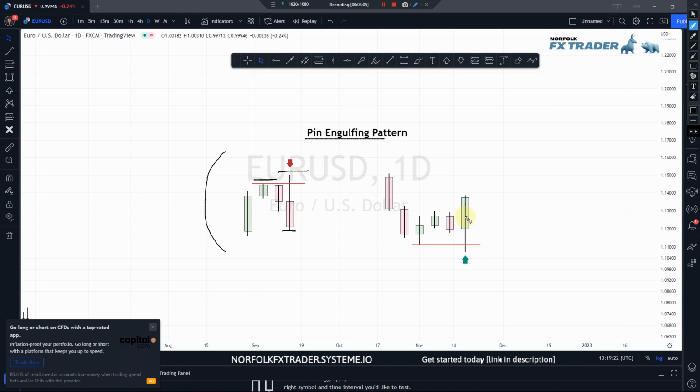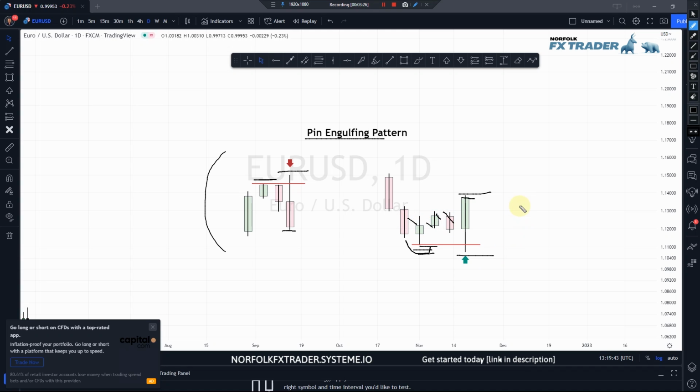Now the same is true when we're looking for that buy. We're looking for that swing to form in the market. Then we want to see that wick to the downside, taking the stops, running those stops below that low, then closing back up as a nice bullish candle to show me that engulfing, pin engulfing candle, which engulfs 1, 2, 3, 4 candles.